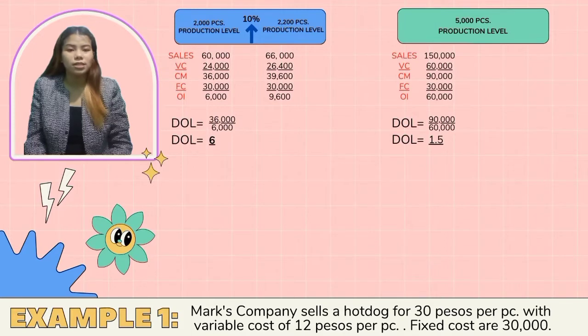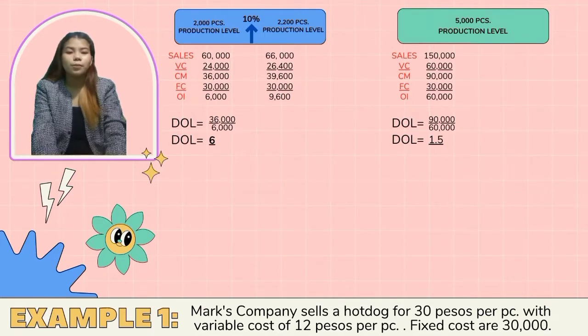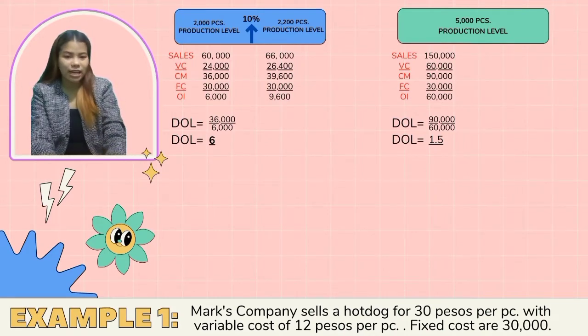The fixed cost will be the same because only the production level increased, so it's still 30,000. Subtract the two, and our operating income is 9,600. So if we change the production level, everything on the income statement changes except for fixed cost.